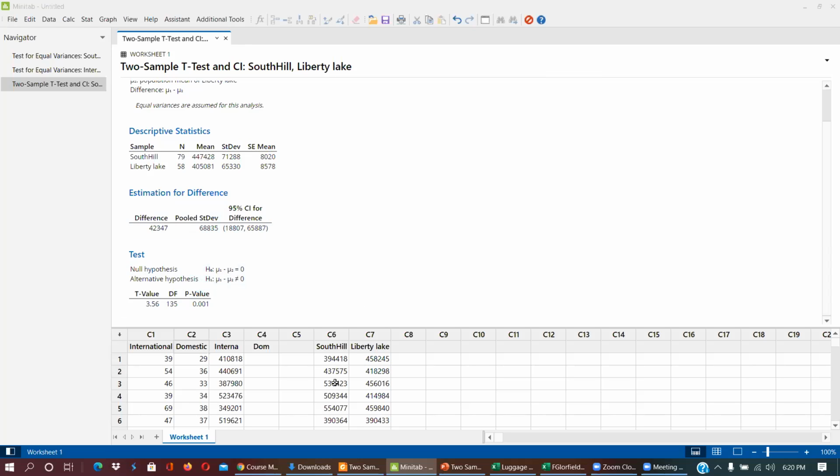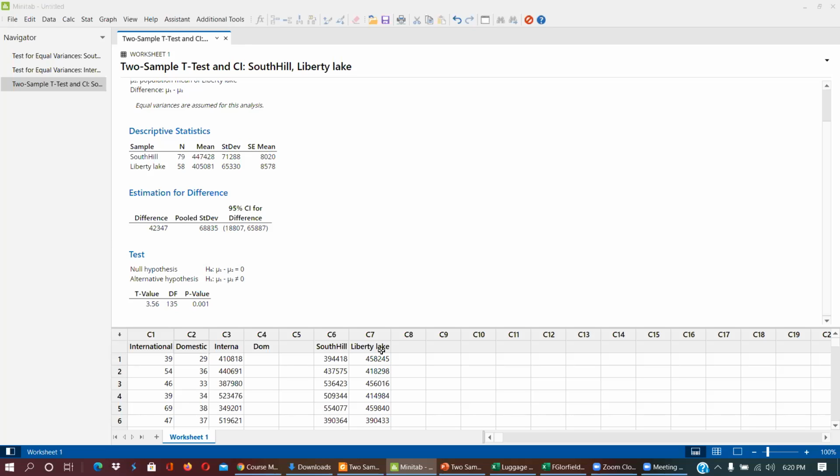That means they are different, and the mean prices in South Hill and the mean prices in Liberty Lake are different. This is the first hypothesis we have just checked, and our debate about that is over.